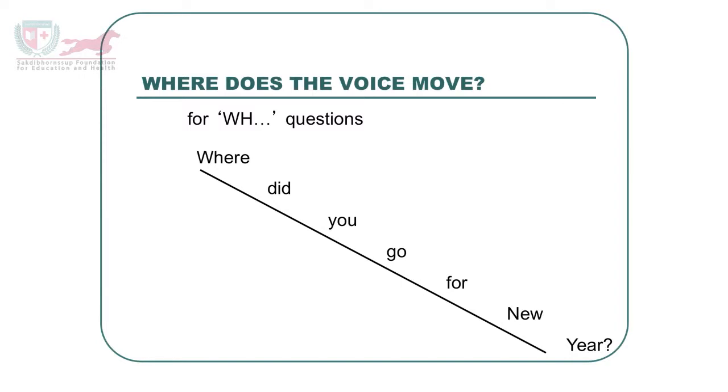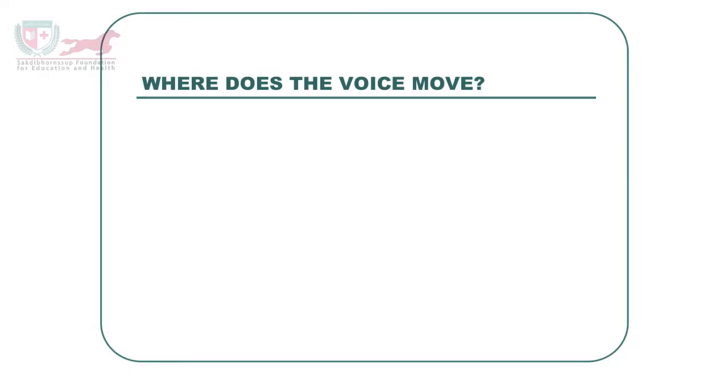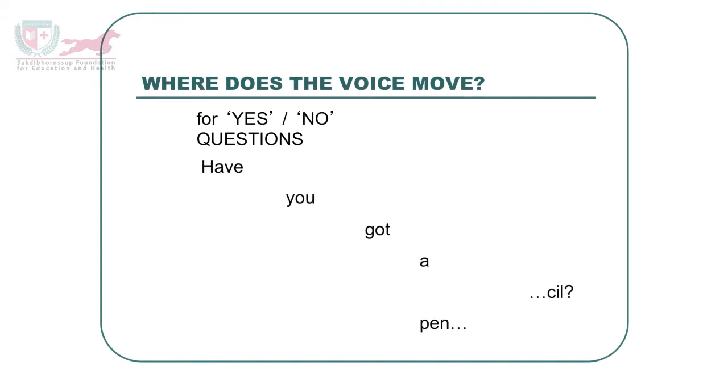For yes-no questions: are you, can they, did she, etc., these are all yes-no questions. And the intonation for yes-no questions, as we have seen: have you got a pencil?